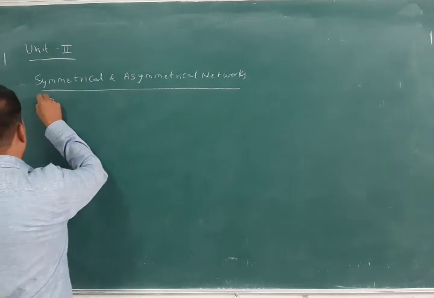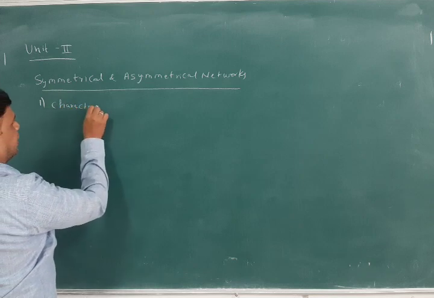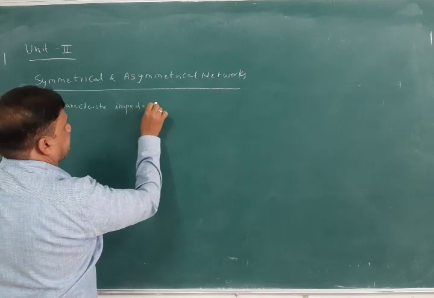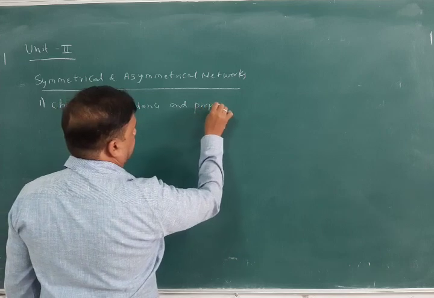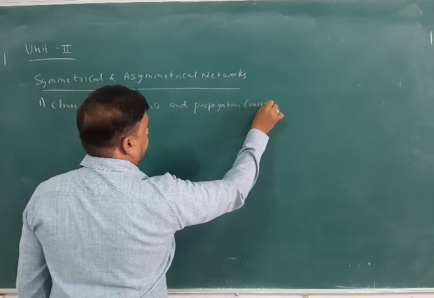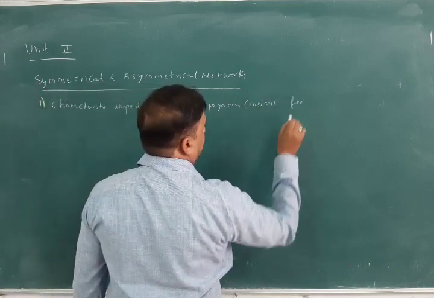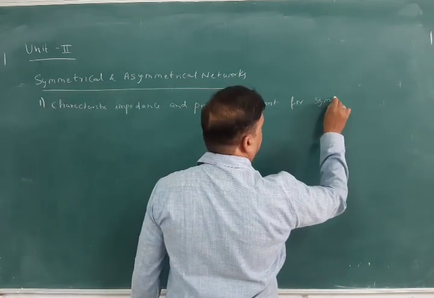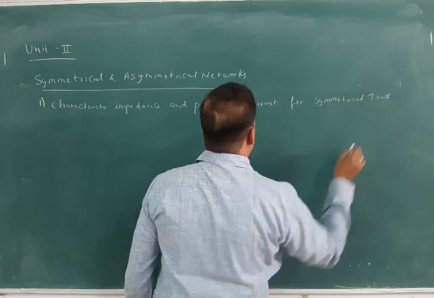The first thing is characteristic impedance and propagation constant for symmetrical T and pi networks.